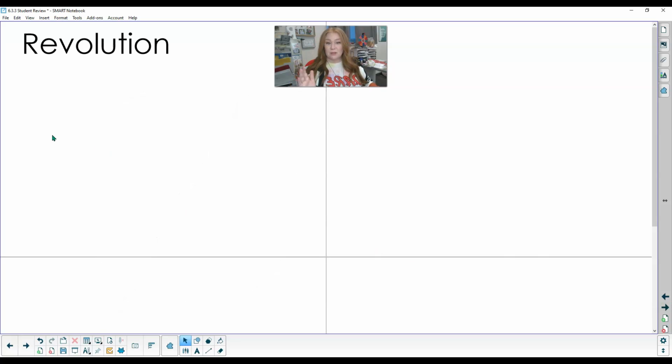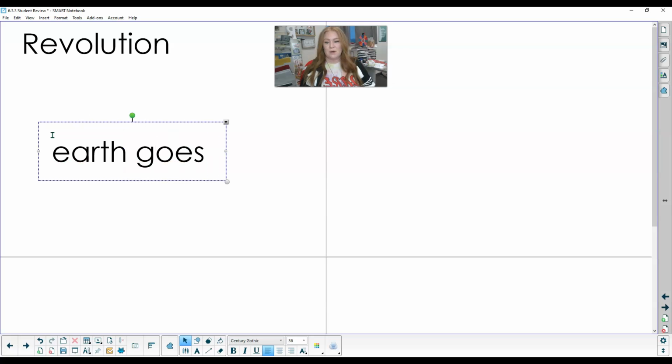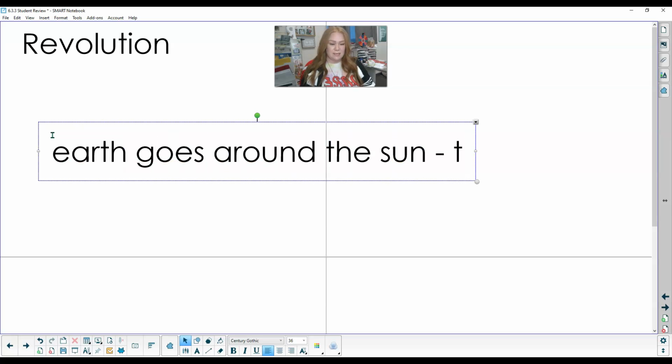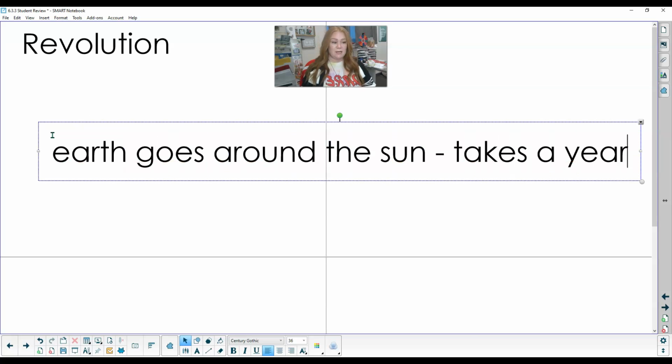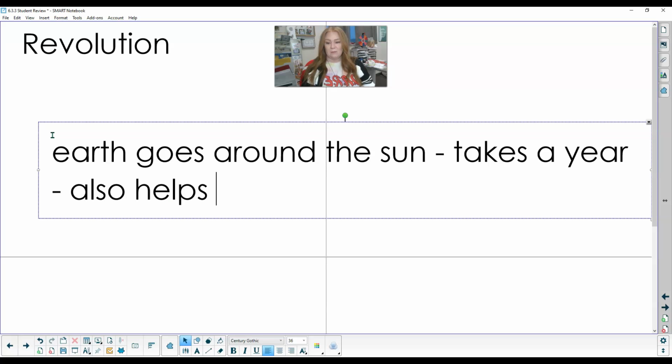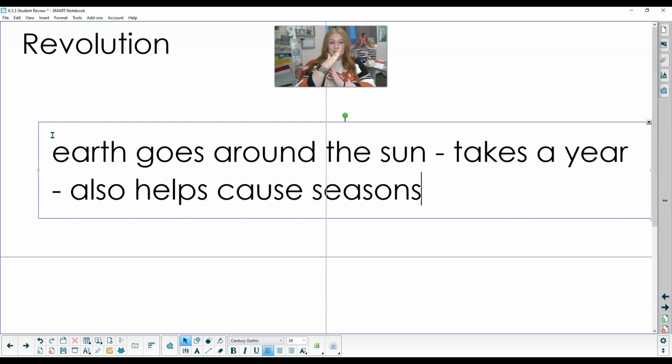Okay, so the revolution means the Earth goes around the sun, and it takes a year. The sun stays in place and the Earth is going around the sun. This also helps cause seasons. So the Earth has to tilt. If it just stayed in the same place, the sun would always just be the same.